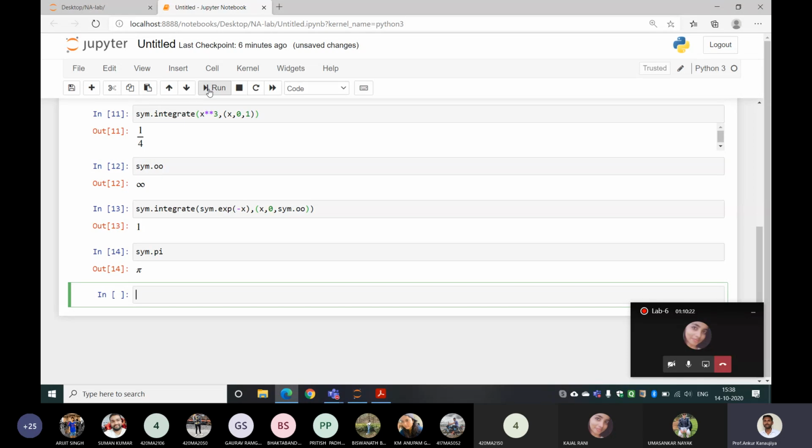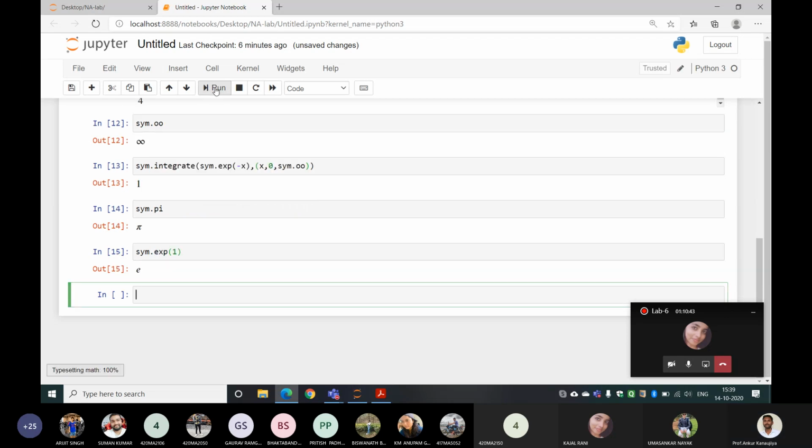Sym dot pi will give the pi. So you can integrate from 0 to pi by 2 or anything by using this symbol pi and infinity. Exponential function anyway you know, like sym dot exp e to the power 1. It will give e.